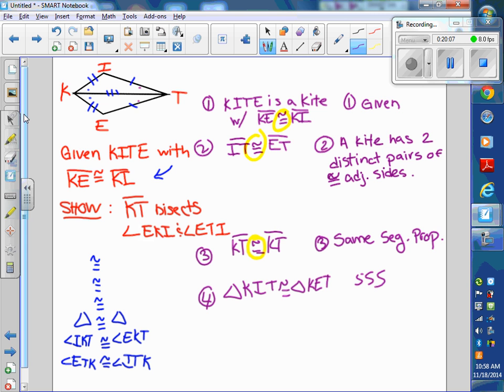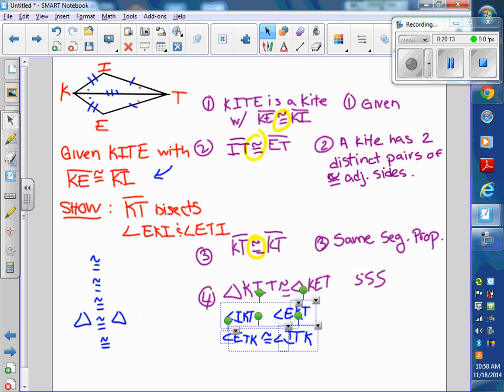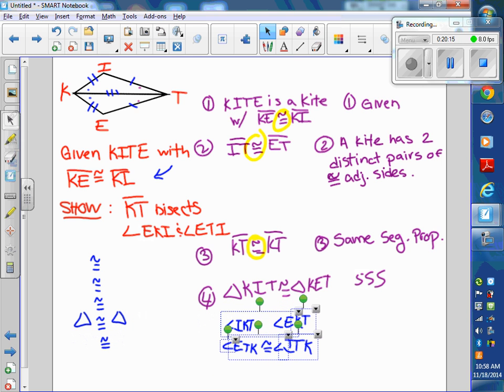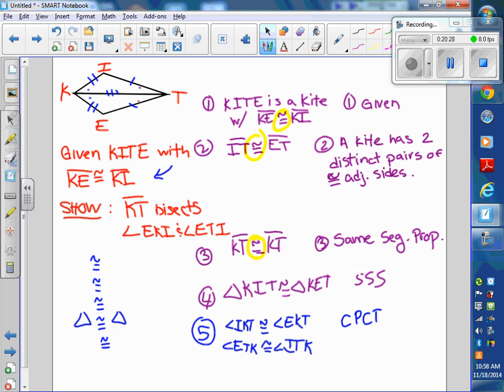So I need the parts, right? So I need this now. Save time, I'm going to pull those over there. And that's corresponding parts of congruent triangles are congruent.